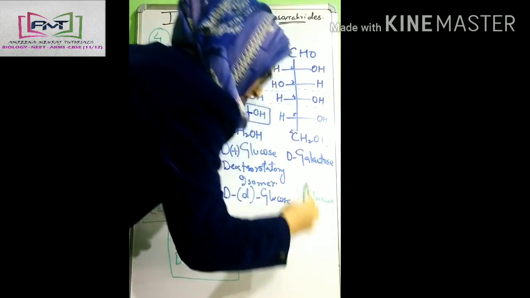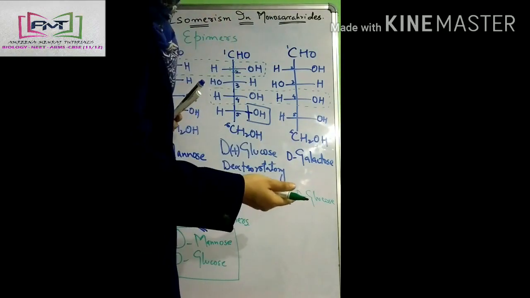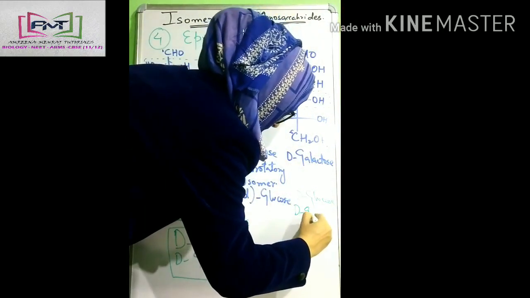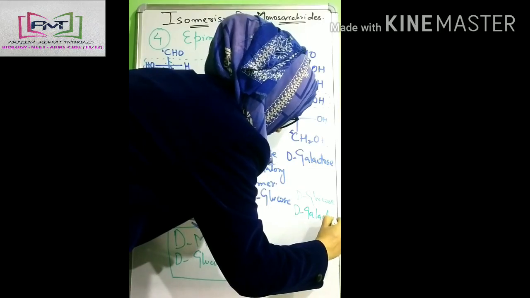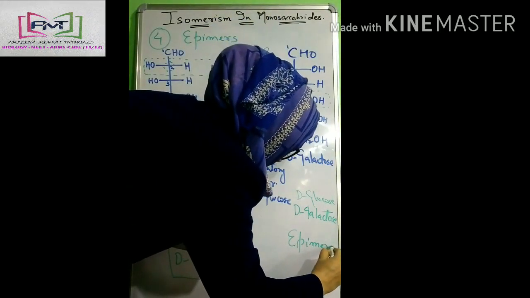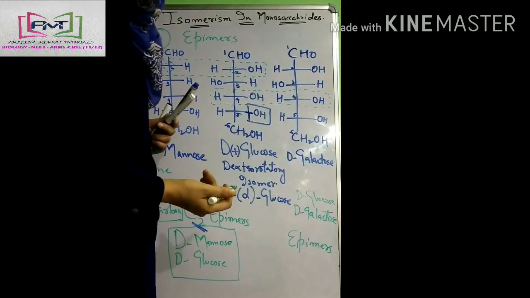So I will write down here D-glucose and D-galactose. They are also epimers. If you want to make definitions, whatever I am saying, you can write down in your notebook. That will become your definition. From here you can derive the definition yourself.